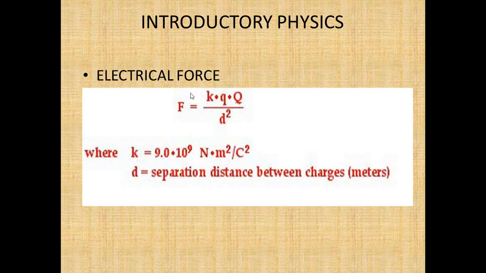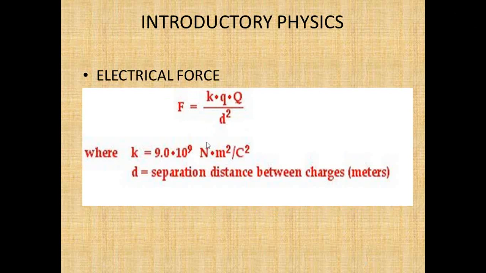So the electrical force between two charged objects is equal to K times the charge on one object times the charge on the second object divided by the square of the separation distance of the objects. Now, it's very important that you know the units these things are measured in.